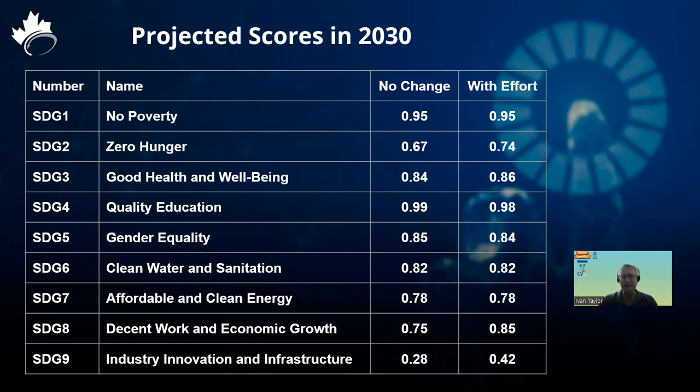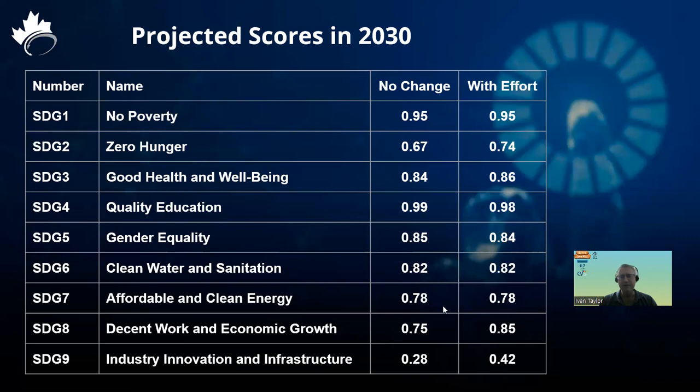So we can see that by improving the minimum score, we can actually increase the value for zero hunger quite a bit and increase health and well-being a little bit. Education will drop a little bit, so we need to try to sustain that by applying a little effort here. Gender equality is also getting some effort, but that's just maintaining it at its current level.